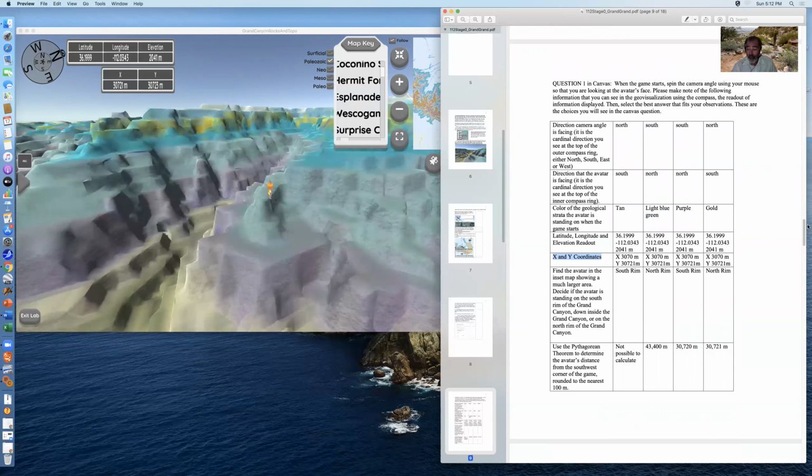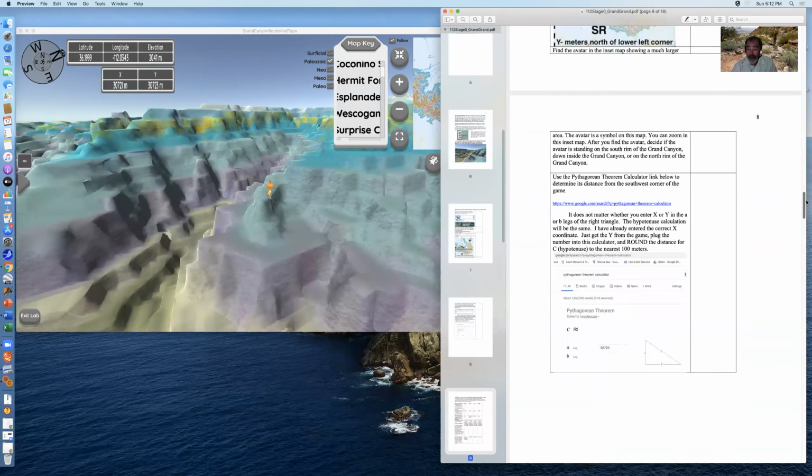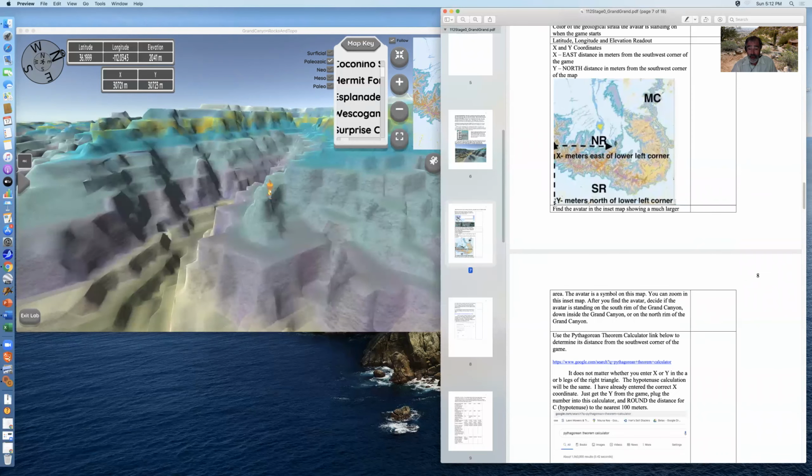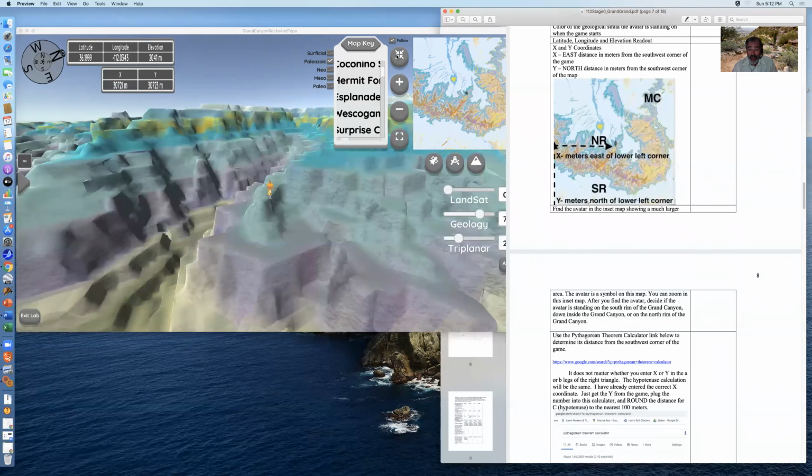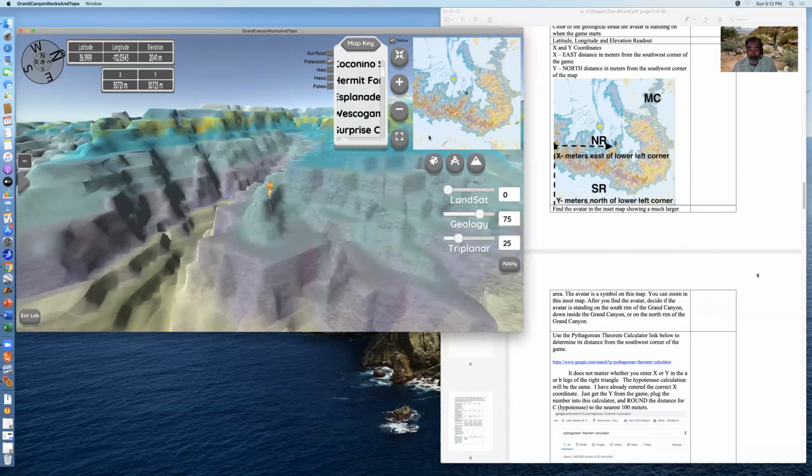The X and Y coordinates are in meters with reference to the southwest corner of the game board. So way down in the far corner of the game, and this is a screenshot of the inset map, way down here in the southwest corner is the 0, 0. The X is the meters towards the east, and the Y is the meters towards the north.